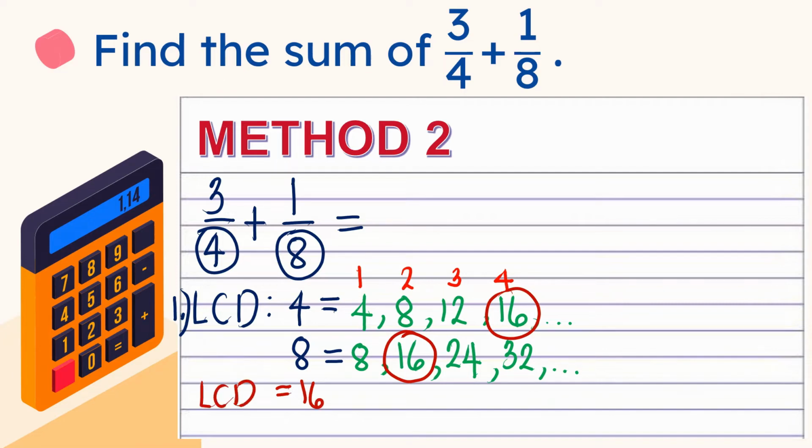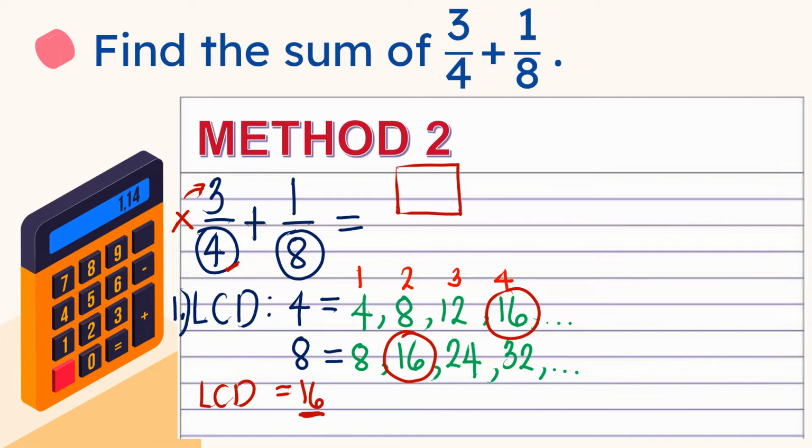Now, if you already find the LCD, proceed to step number 2. For step number 2, ay, ano daw ang gagawin natin? I-divide daw natin yung 16 doon sa 4. Tapos, pag nakuha natin yung sagot, i-times natin doon sa 3. Okay? Yun yung ilalagay natin dito. Lagyan natin ng box.